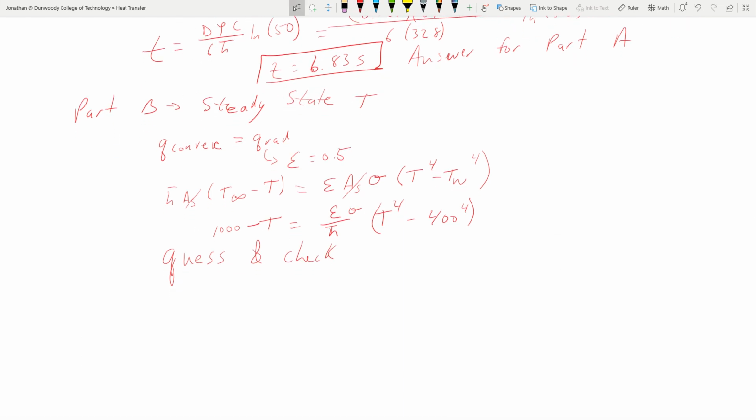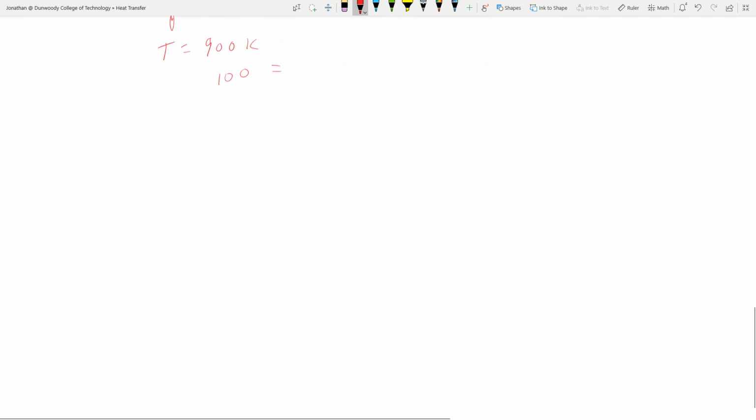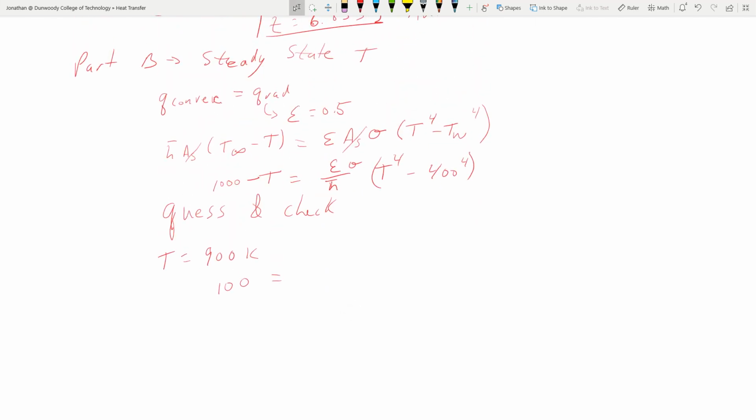So let's maybe guess 900 Kelvin first. What do I get? I get 100 on this side. Epsilon was 0.5 times 5.67e-8 divided by 328 times 900 to the fourth minus 400 to the fourth.